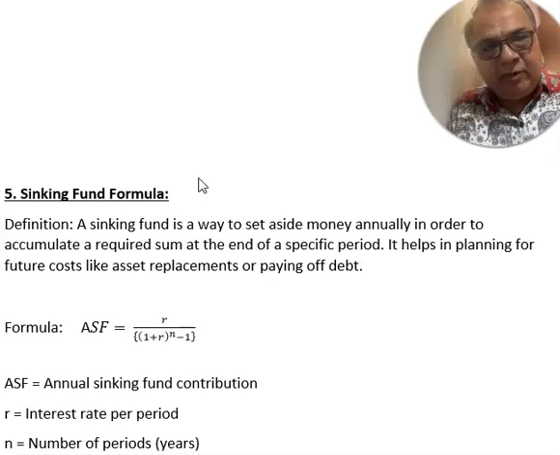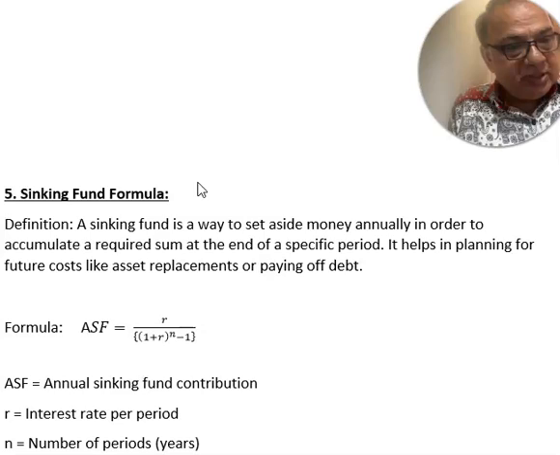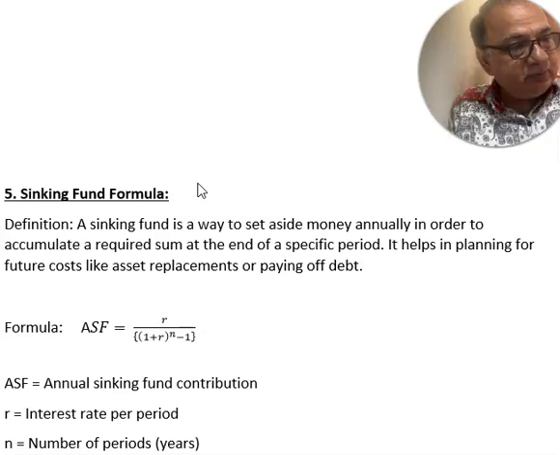What is the sinking fund? Say you construct a house, the house's age is 50 years, and you construct the house for 50 lakhs. After the expiry of its age, you will come back to the ground. So after 50 years, you need a sum of money. Say you need 50 lakhs. So how will you get this money?